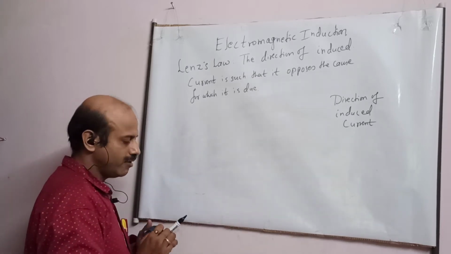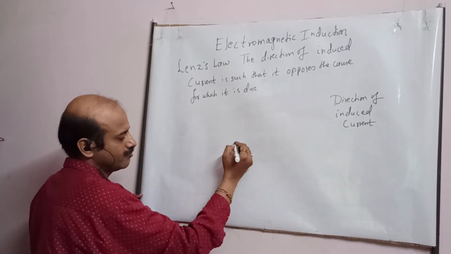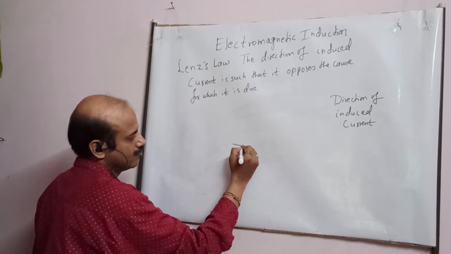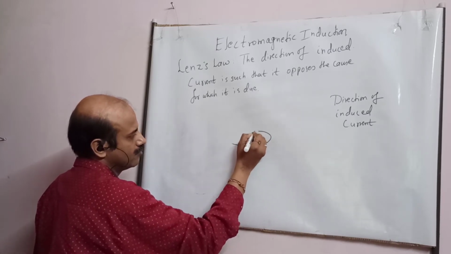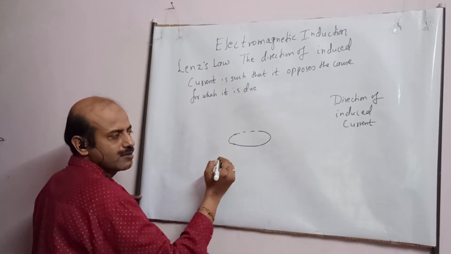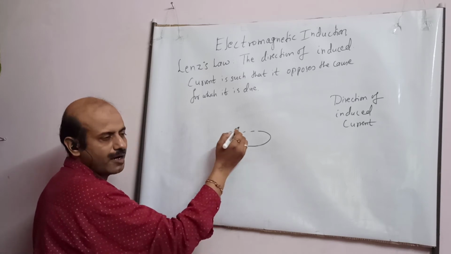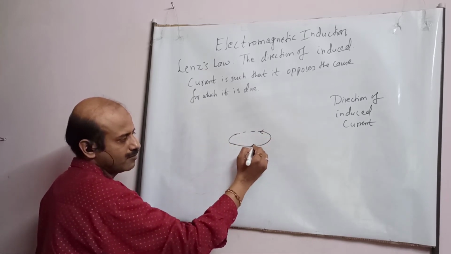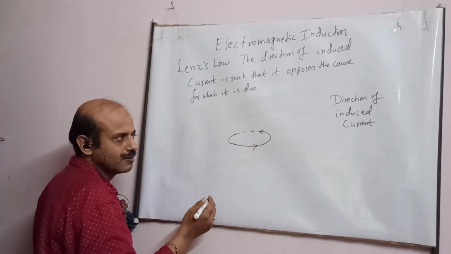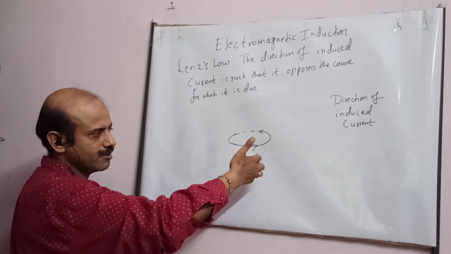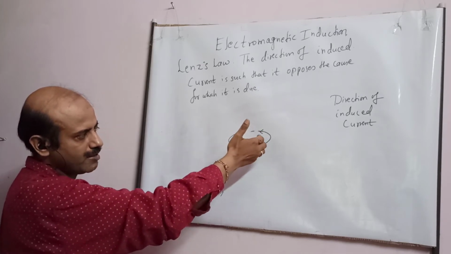Now suppose, student, we have a loop like this. A circular loop like this, student. This is inside the board, okay? And current is flowing like this. So if you see from this direction, from above it is anti-clockwise.